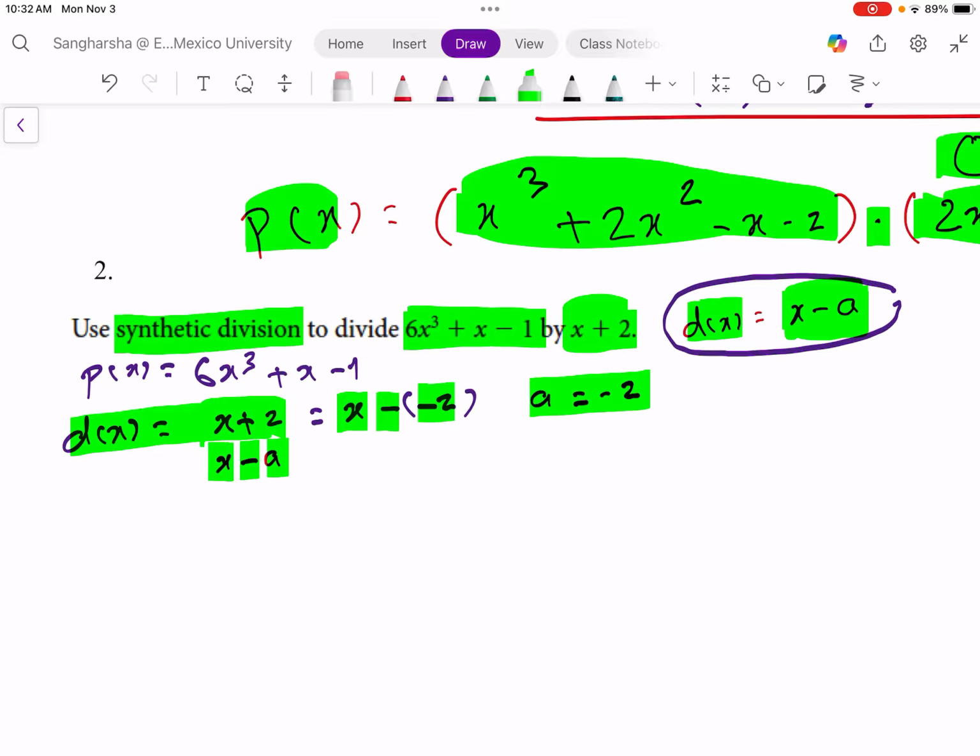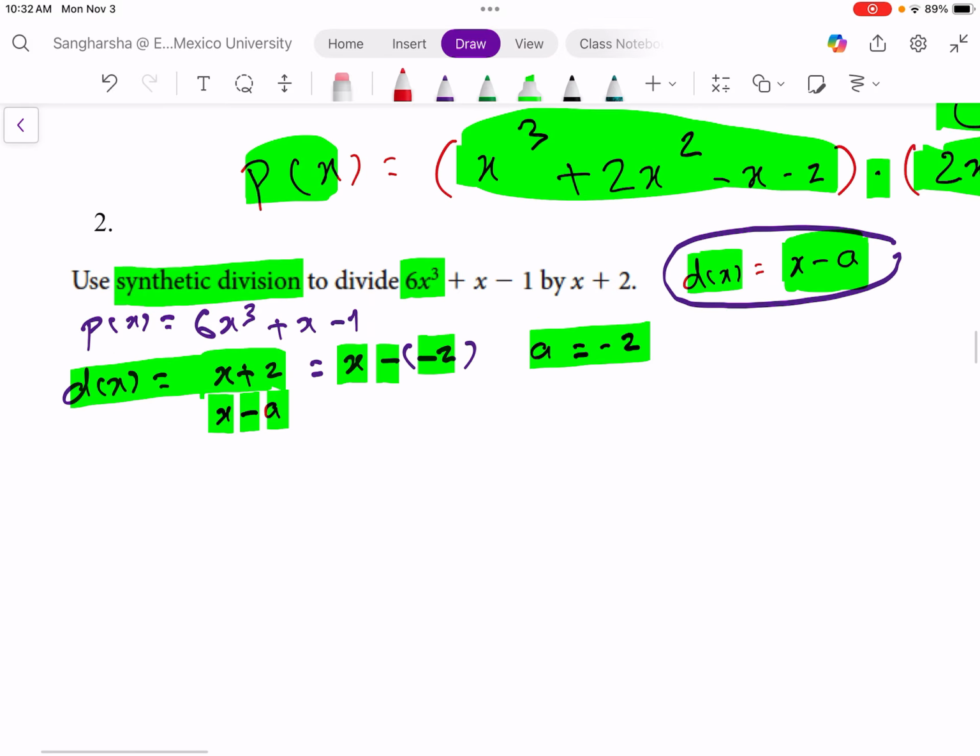Now the very first term is 6x cubed. What is its coefficient? 6. So we are writing 6. Now after the x cubed term, in the descending order, which term comes in general? We should have an x square term, right?